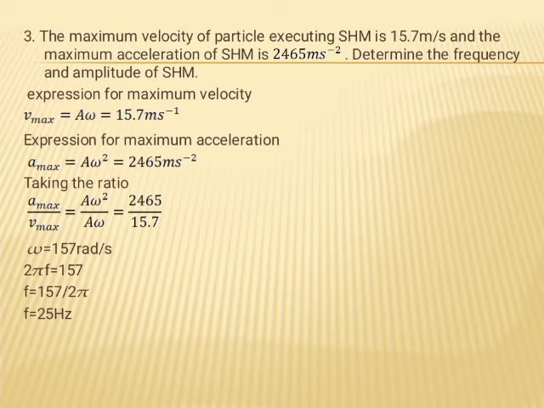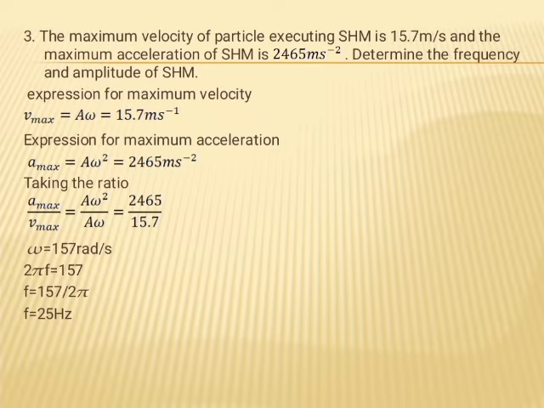So next, the expression for maximum acceleration. For acceleration, what is the formula? It is A maximum is equal to A omega square, which is equal to 2465 meter per second square.